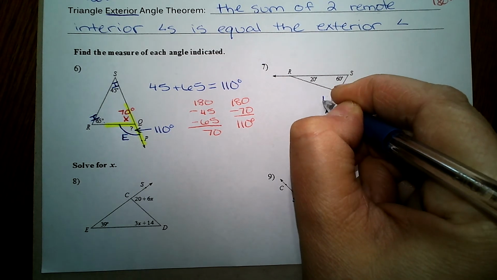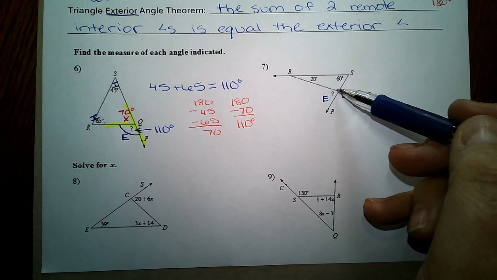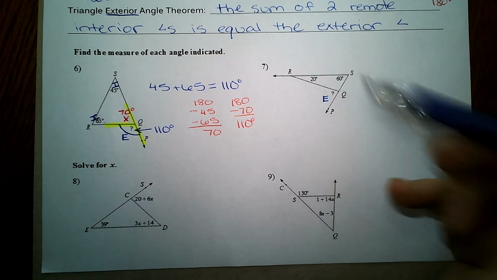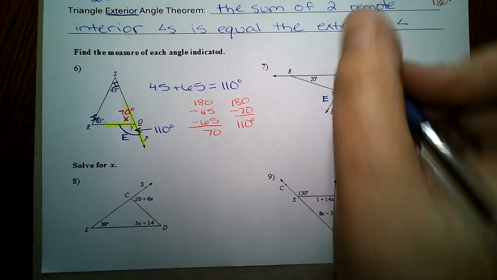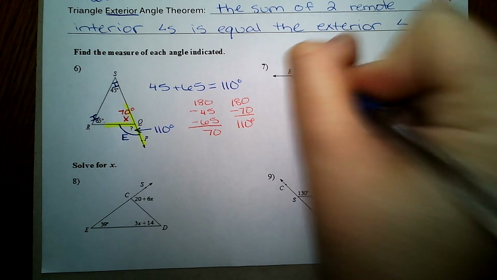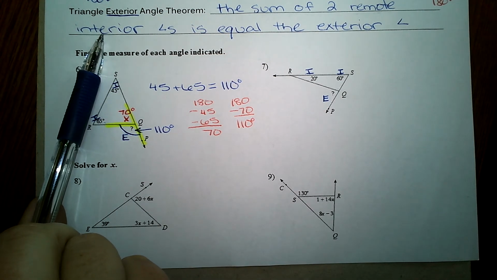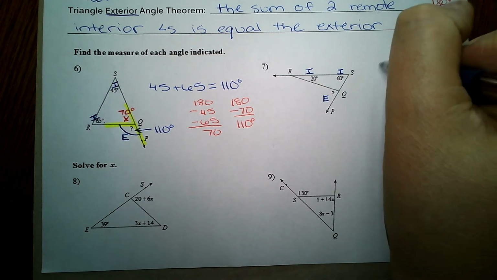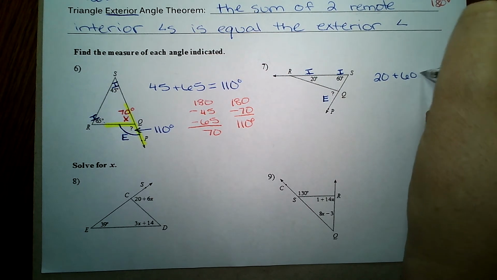Here's our exterior angle down at point Q. Remote interiors would be at angle S, I'm going to put an I for interior, and angle R. This theorem says that the sum of 2 remote interior angles is equal to the exterior angle, which means to add 20 plus 60.